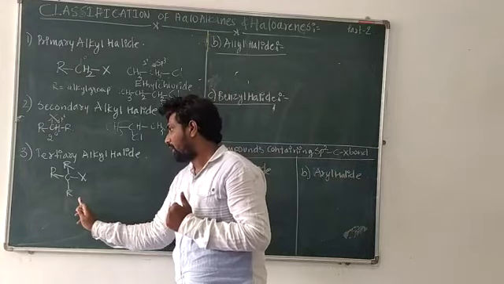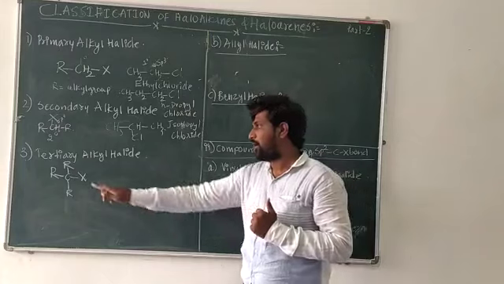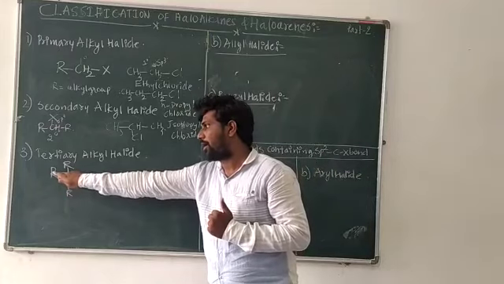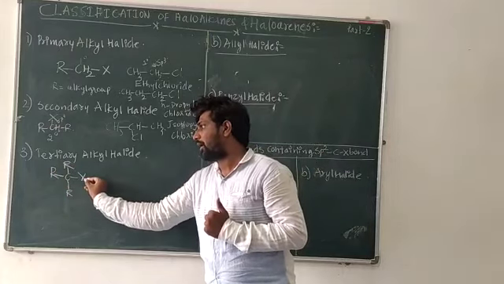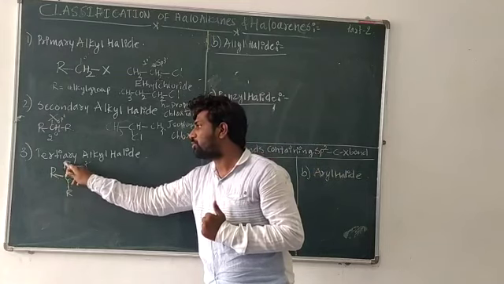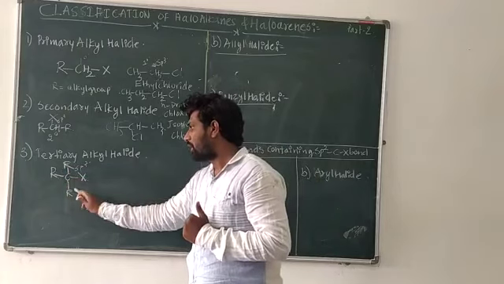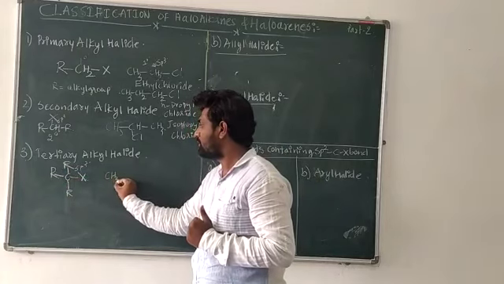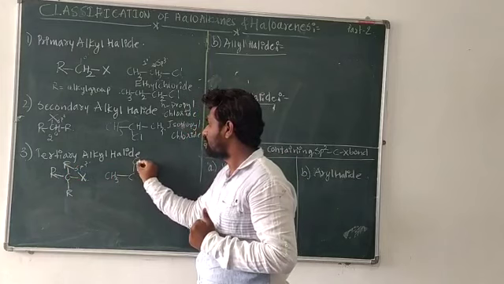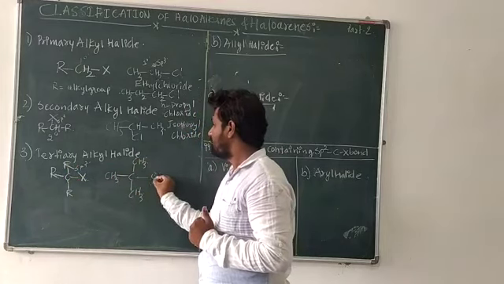For example, this is the general formula of tertiary alkyl halide, that is R, C, R, R and X. The halogen is the same, sp3 hybridized, bonded to three other carbon atoms. Example, I will take all these alkyls as methyl. CH3, C, CH3, CH3, Cl.